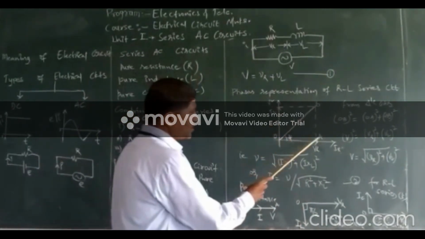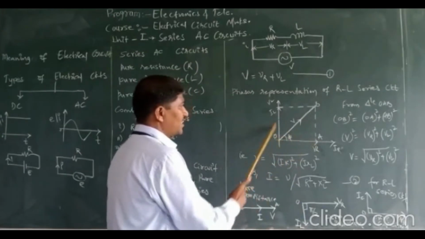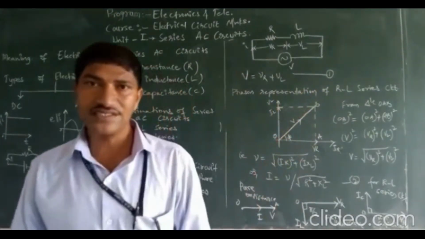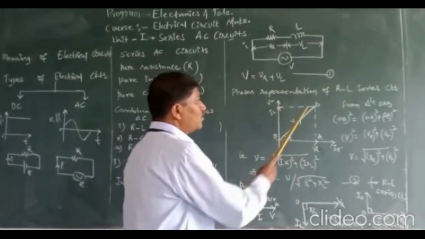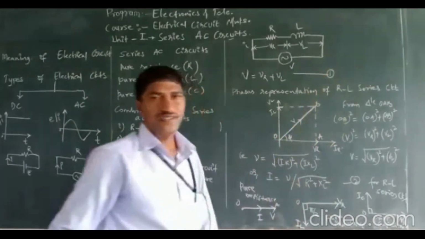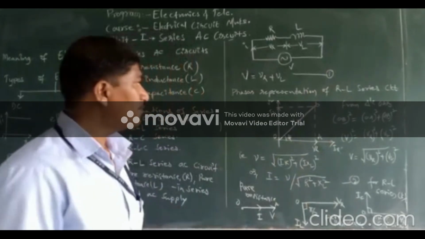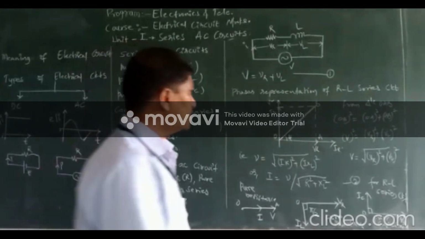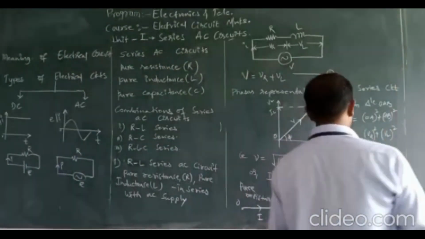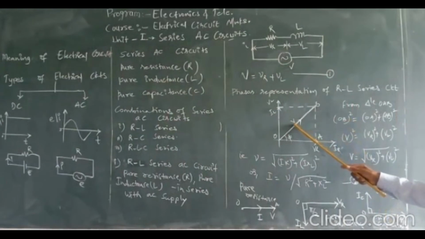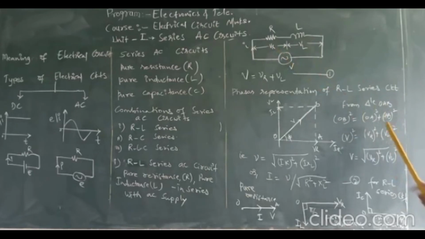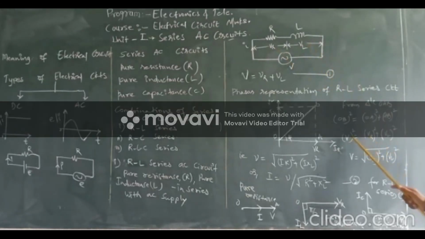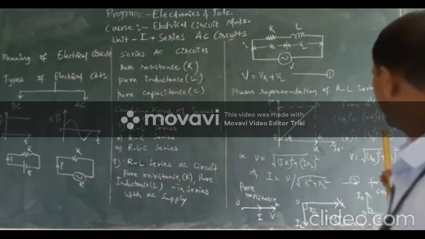Assuming the two vectors along the x-axis and y-axis, I can find the resultant vector, which is OB. Using the Pythagoras relation, we can find the magnitude of OB, where OB squared equals OA squared plus AB squared. Here OB is the magnitude of V, OA is the magnitude of VR and AB is the value of VL, so V squared equals VR squared plus VL squared.